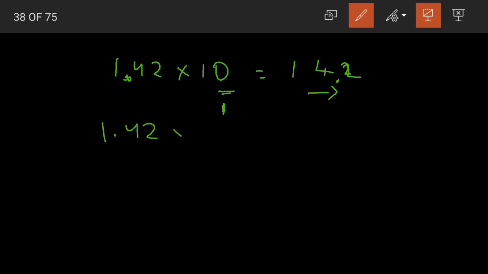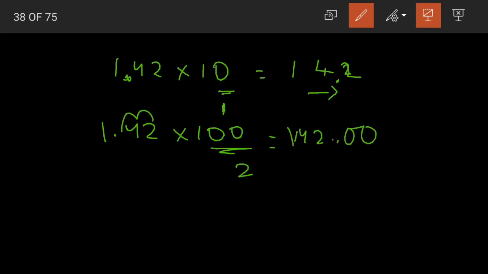Suppose if we multiply the same number by 100, 100 is having 2 zeros. So the decimal point will shift 2 places to the right. 142 point. After 142 here we are having nothing. Yes, children. So 142 point you can write 0 or simply you can leave.